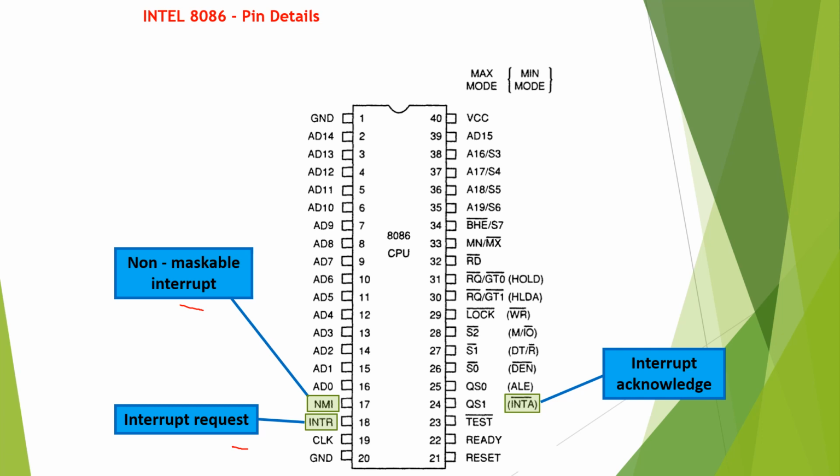This can be internally masked by resetting the interrupt enable flag of the 8086, and this signal is always active high and internally synchronized. The interrupt acknowledgement signal is used for the interrupt acknowledgement cycle. When it goes low, it means the processor has accepted the interrupt.